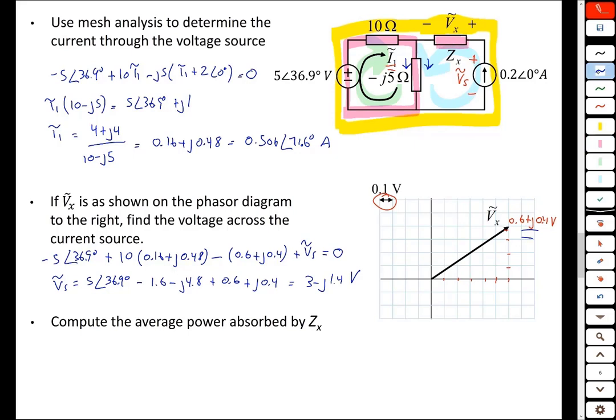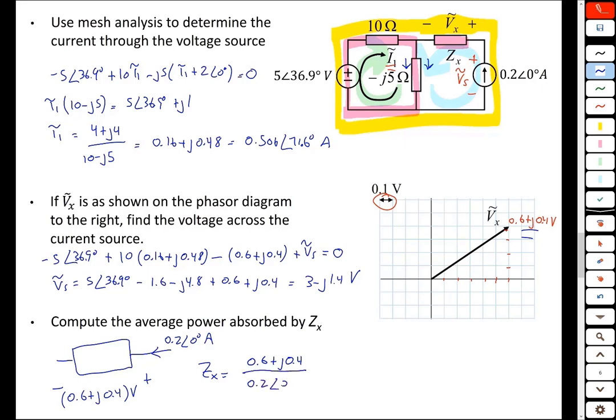We don't know the impedance, but we know the voltage across it from the phasor diagram, and we know the current through it because Zx is in series with the current source, so we can find the impedance as voltage divided by current. So if you know the voltage across the element, in this case it's 0.6 plus J.4 volts, and we know the current through it, 0.2 at an angle of 0 amps, we know that Zx has to be the voltage divided by the current, you get 3 plus J2.